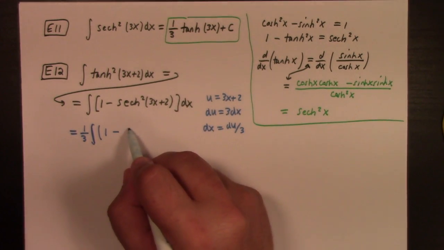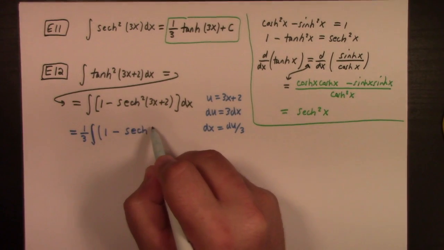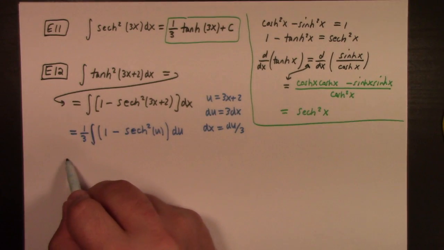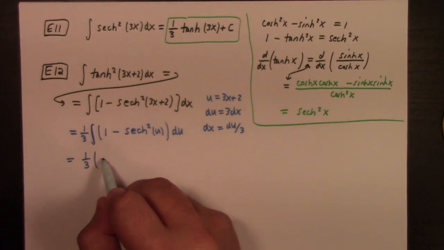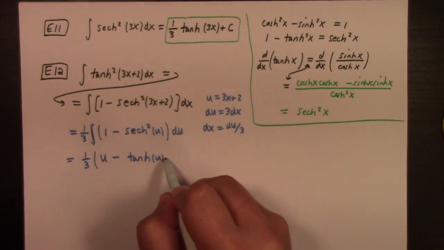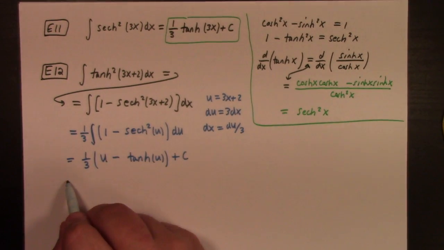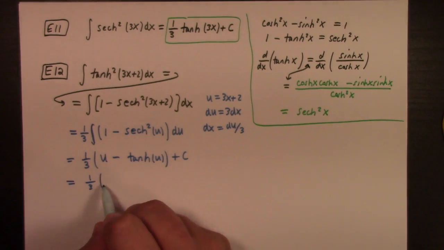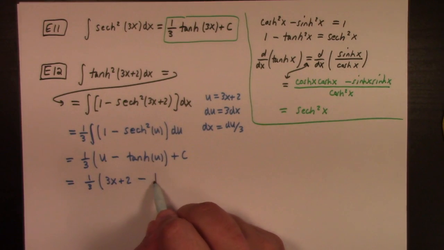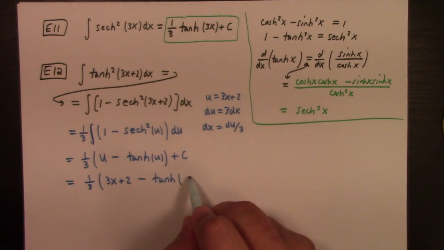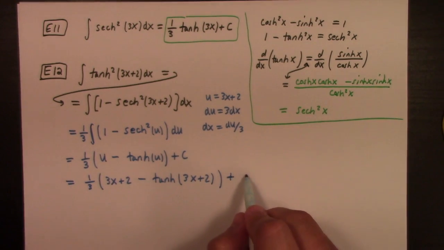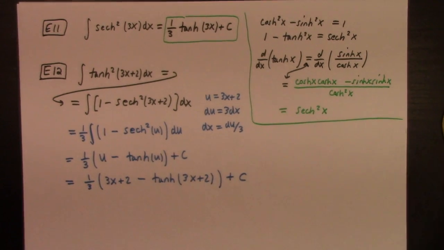Now that gives me 1 minus the hyperbolic secant squared of u du. All right, so that's 1/3 of u minus the hyperbolic tangent of u plus a constant. And then finally, that's 1/3 of 3x plus 2 minus the hyperbolic tangent of 3x plus 2 plus a constant. All right, and there it is.